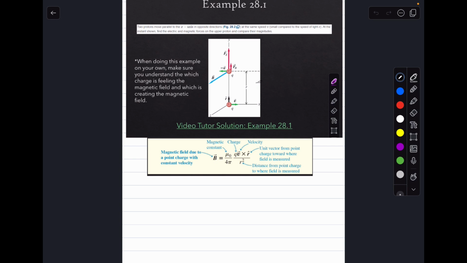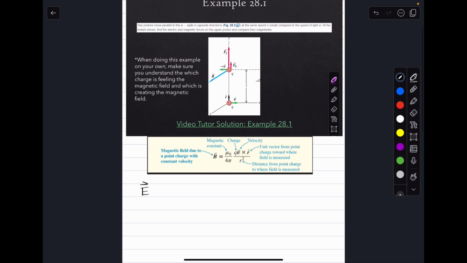Well, in order to find the force, we need to find the actual field values so that we can figure out what the force is. So let's do that first. Let's take it way back. Let's find the E field at the location of the upper proton. This is the E field created by the lower proton.